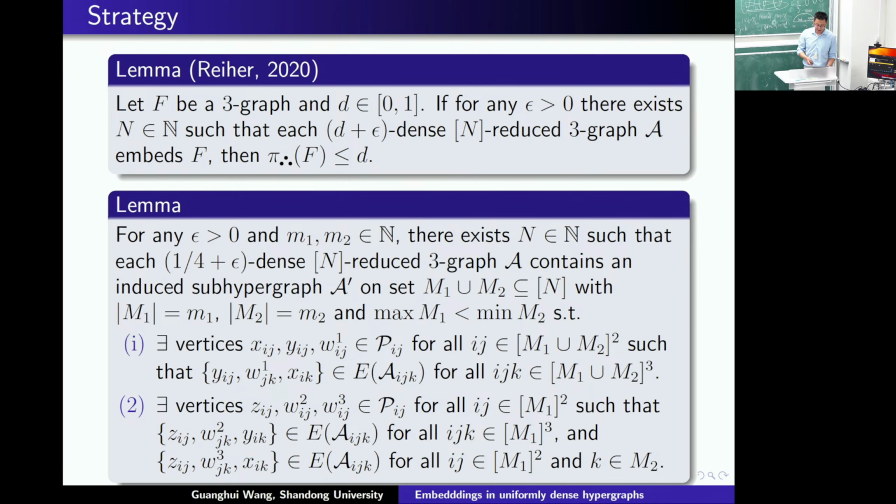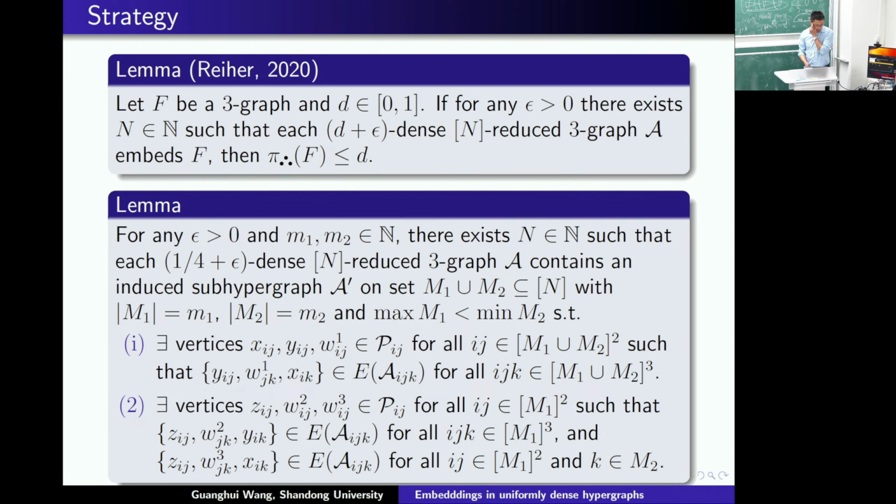So by Regularity lemma, if we want to show that the uniform Turán density is at most d, in fact, we should check this embedding process. If for any epsilon there exists n, where n is the index set size, such that each (d plus epsilon)-dense n-reduced 3-graph can embed F, then we say that the uniform Turán density is at most d.